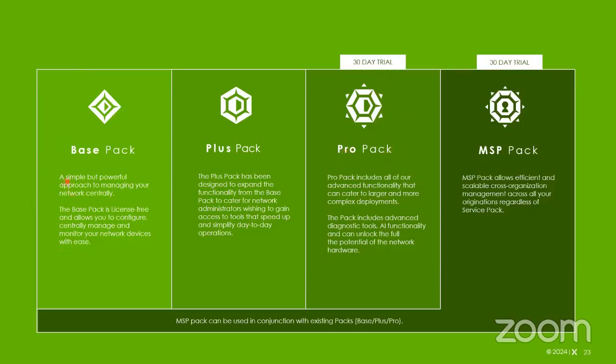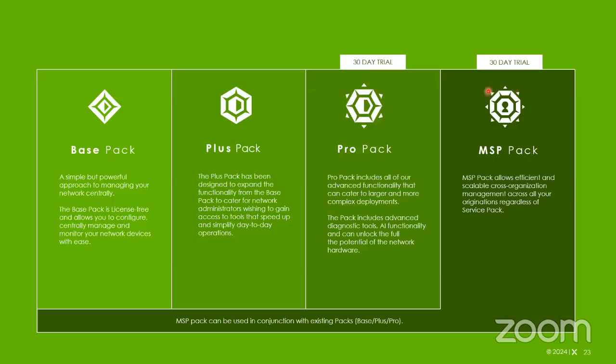And these licenses are linked to the devices. Then we have an MSP pack, which unlocks some additional features for those of you that are running a large MSP. You have a large number of employees or a lot of sites that you're managing, which gives you some extra tools to make that job easier.